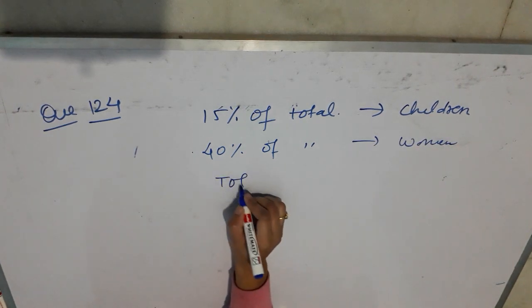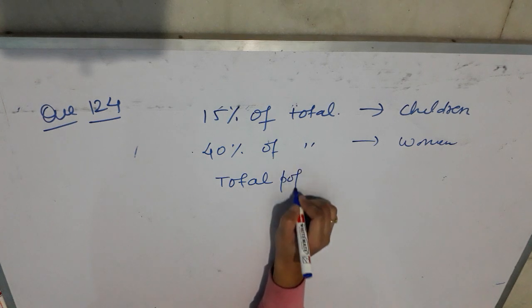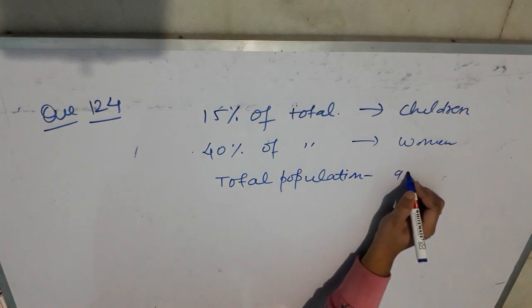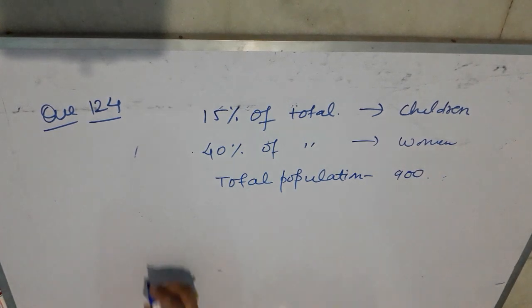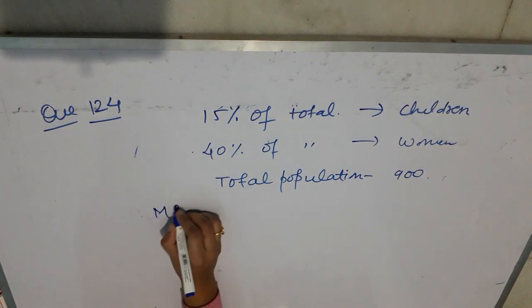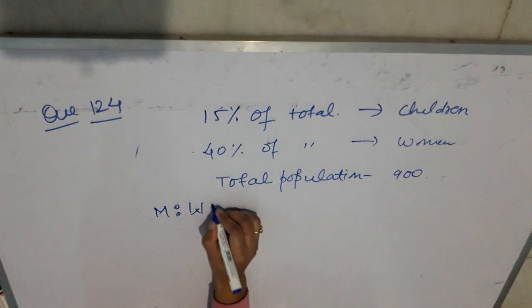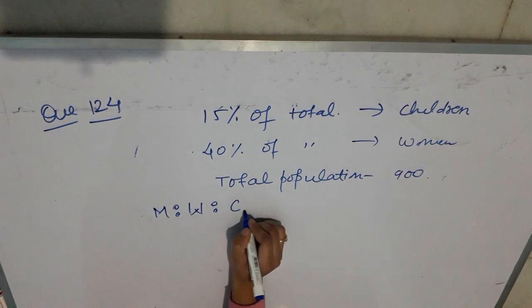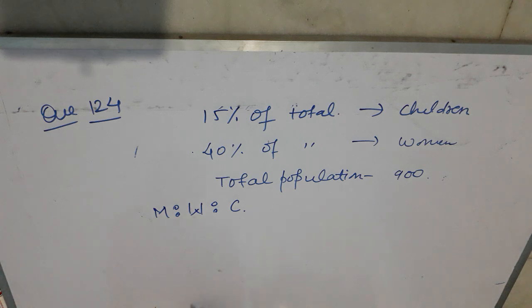And he has given you the total population, which is 900, and the question is asking the ratio of men population, women population and children population.